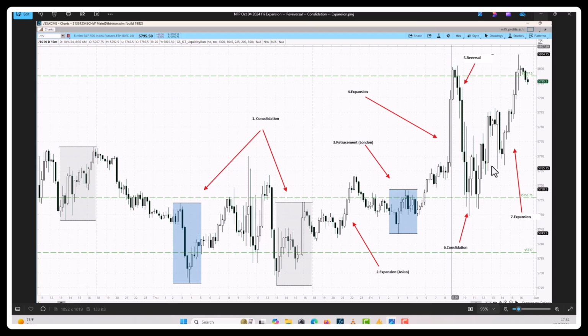Because why? Because there's not enough liquidity. The market maker has to wait for liquidity to build up before it makes the next move, the next expansion, either up or down. After the reversal, it's not going to make another reversal right here, or another leg down. It has to go to consolidation, and then from consolidation we have to wait for the breakout setup.